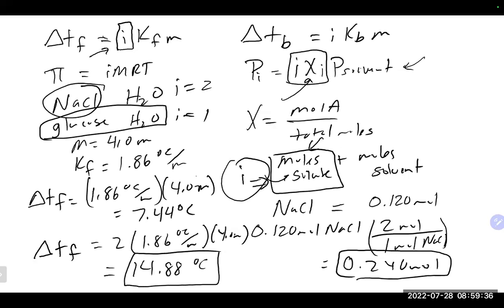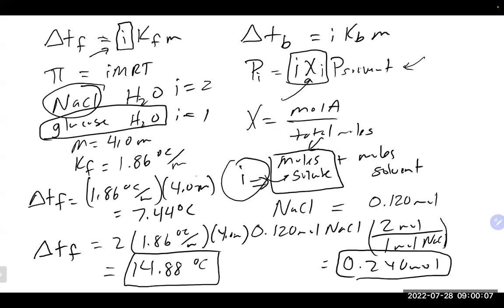So you can see that by putting the sodium chloride in there, because it breaks apart into twice as many ions and particles, it has a greater effect on the freezing point because of the presence of more particles in that solution. Kind of like rock salt and water and ice when you make homemade ice cream. It really lowers the freezing point when you do that.